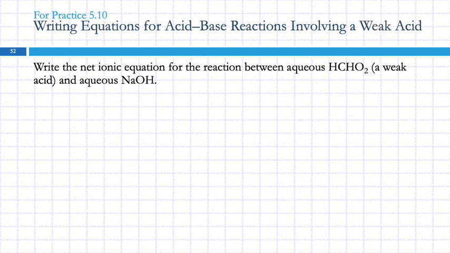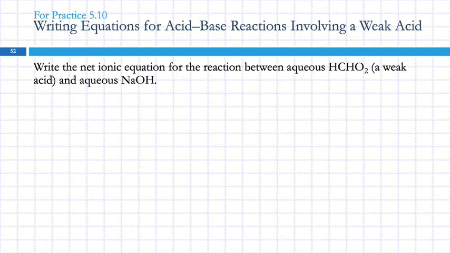Write the net ionic equation for the reaction between aqueous HCHO2, a weak acid, and aqueous NaOH. Well, we're going to do the same thing. We are going to write the reactants.